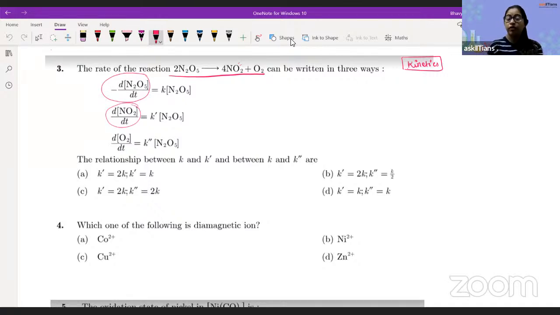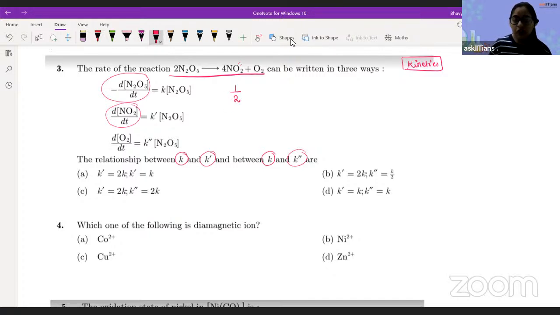Now, they want us to know the relationship of K and K dash, and the relationship of K and K double dash.